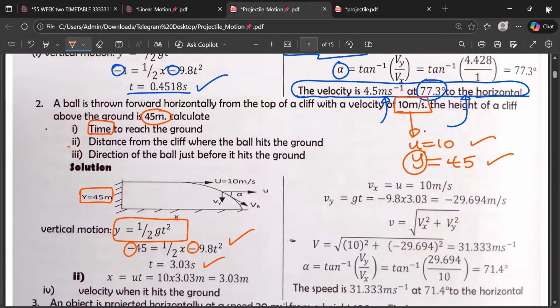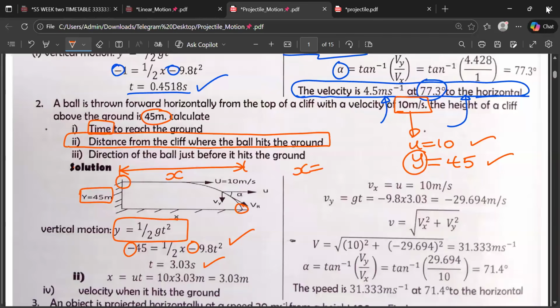Then they're asking for the distance from the cliff to where the ball hits the ground. This is horizontal. Like this is the point of projection or the cliff, and this is where the ball hits. I told you that's what they call horizontal displacement, which is x. So how do you get x?